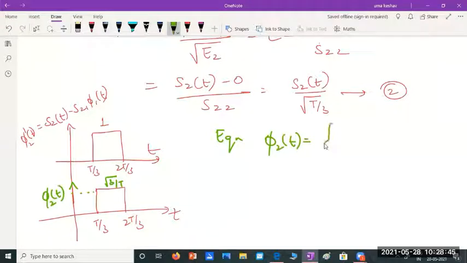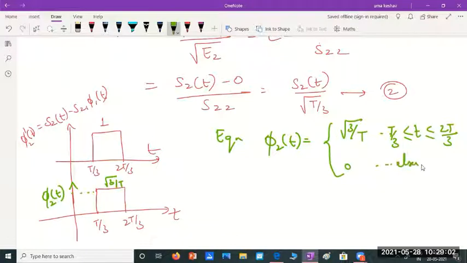Phi2 of t has the value root 3 by t in the interval t by 3 to 2t by 3. Only in this range it has some value. It is 0 elsewhere. This is how you have to represent phi2 of t.